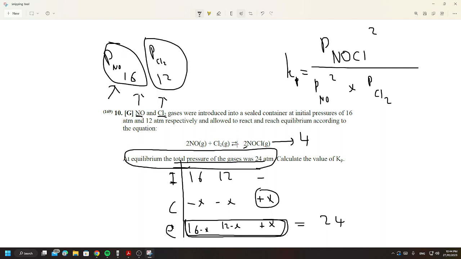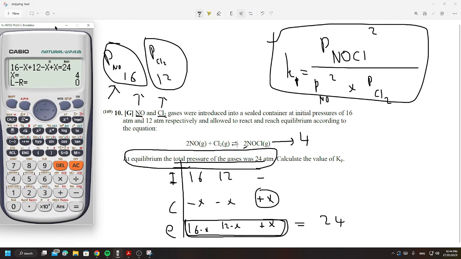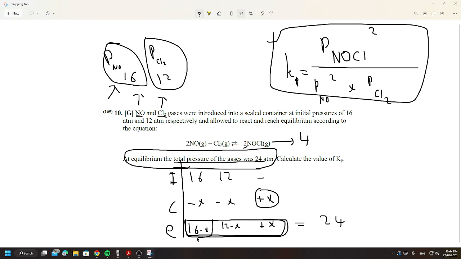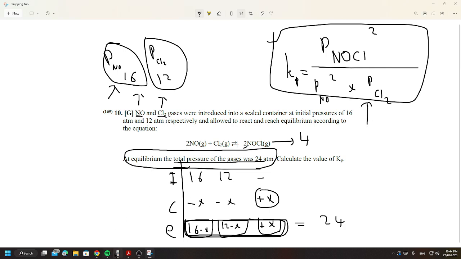So now we can apply this formula here to find Kp. You could either substitute in these directly, or you can substitute x and just get a value for each of the pressures at equilibrium and then substitute into this formula. Both work. I'm just going to do it directly.